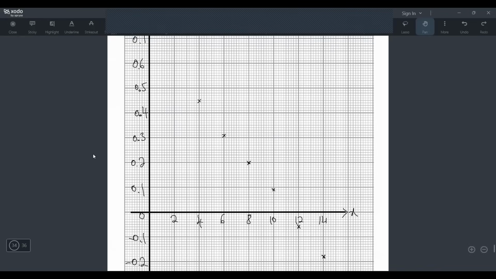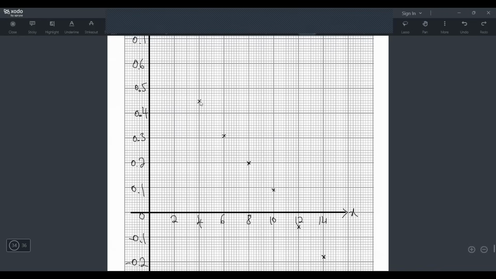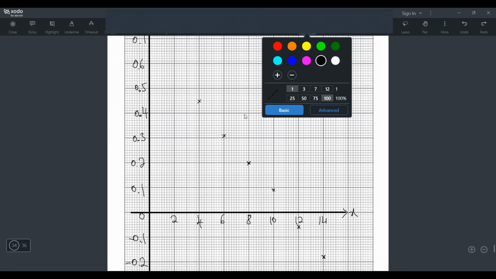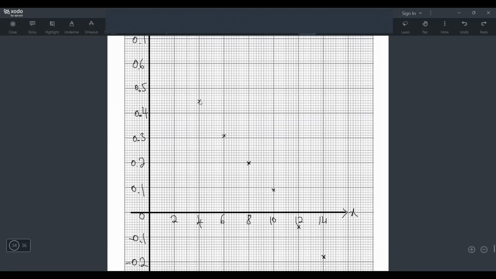But remember to draw until the y-axis. Okay, the first thing is I will put my long ruler. Let me make the line thinner. All right. So first thing is join our points. Put my long ruler so that it joins the first point and the second point. So if your line is like this, then it means your straight line only touches 2 points, which is not very good.